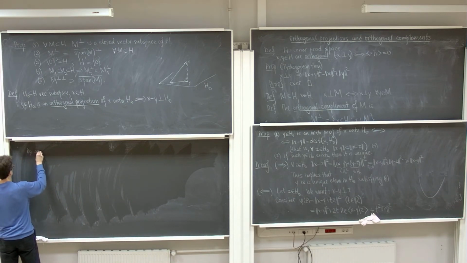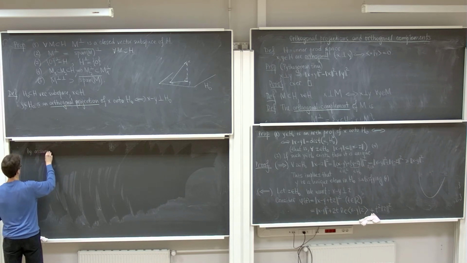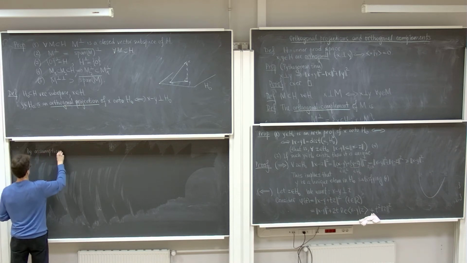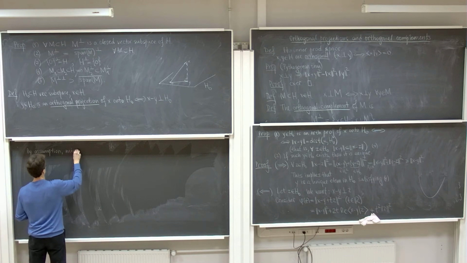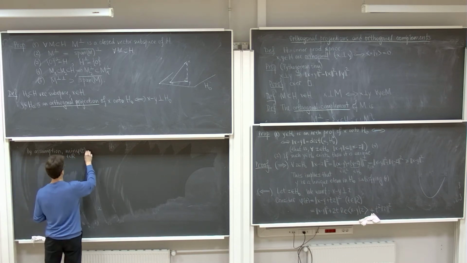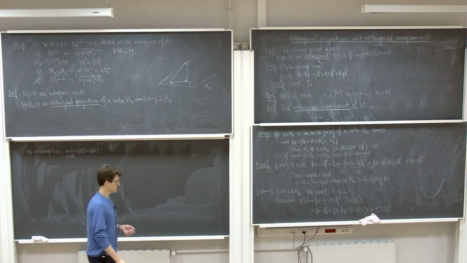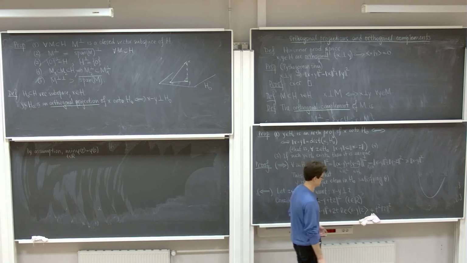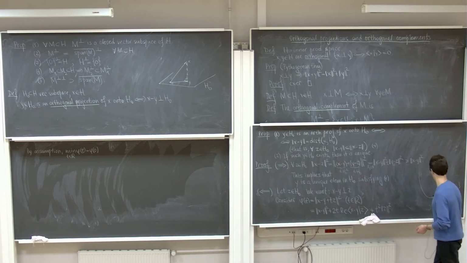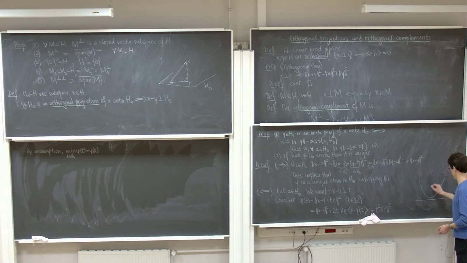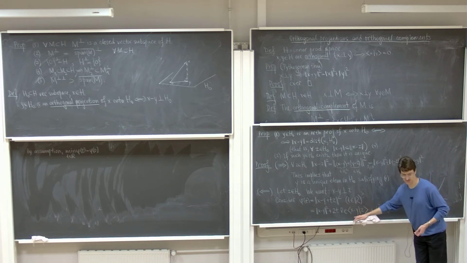So by assumption, the minimum of phi of t is phi of 0. But it's an elementary property of such quadratic functions that if the minimum is attained at 0, then the coefficient at t vanishes.